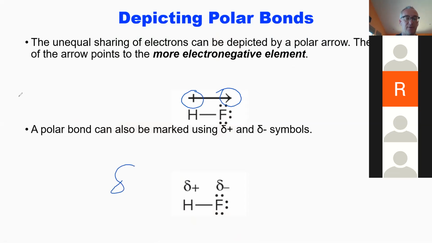Remember that this symbol means partial. Lowercase delta means partial. Uppercase delta means change. So they're kind of similar in that regard, because we have a change to a slightly positive and a change to a slightly negative charge there. So either one is fine to do.